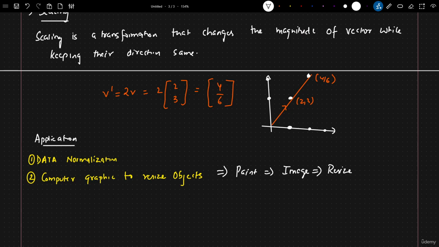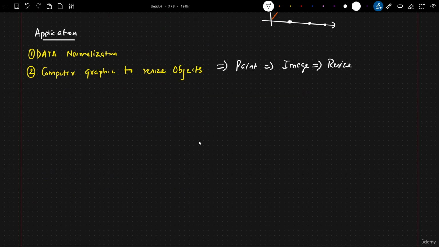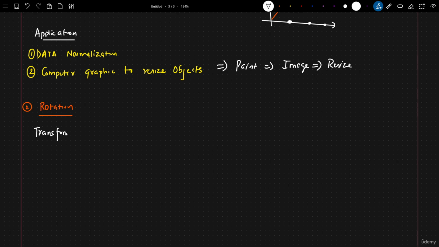Not only this, let's say I have a scenario where we need to rotate images. If you are learning deep learning, specifically we will do this task, which is called rotation. Now in rotation, we do a transformation. I will show you all these things visually in upcoming videos.